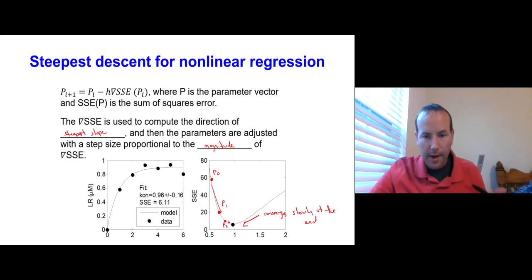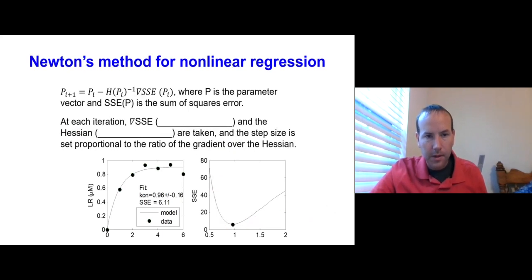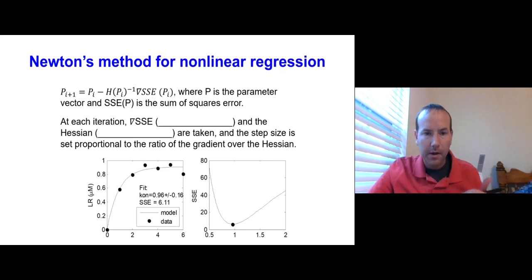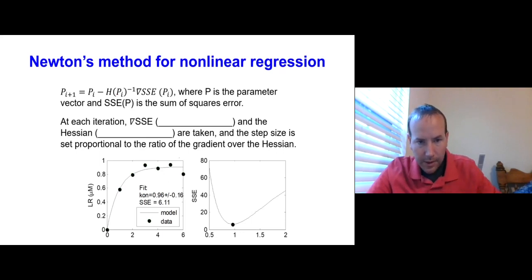As a way of countering this negative, people also use Newton's method. Again, this is the same thing that we were dealing with when we were talking about optimization. It's just that what we're optimizing now is a sum of squared errors. At each iteration, we're looking at the gradient of the sum of squared errors, which is the first derivative, and we're also computing the Hessian.